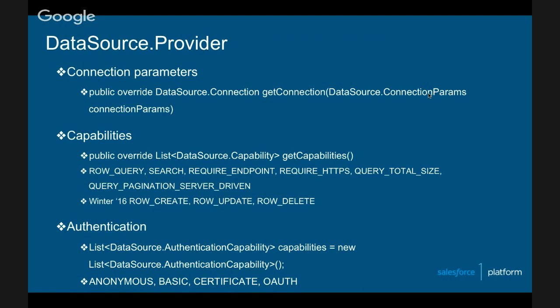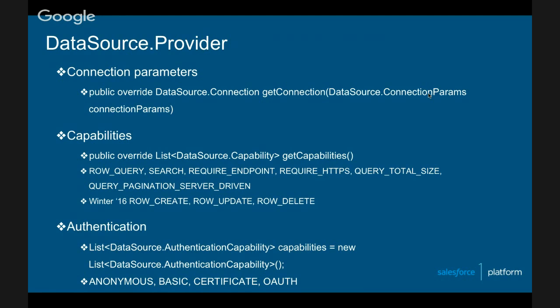The other option you have is the pagination server driven. By enabling that, you don't have control over pagination. The server that you're calling is going to handle all that and give it back to you. So you just keep making requests and it'll keep giving you chunks of data back.